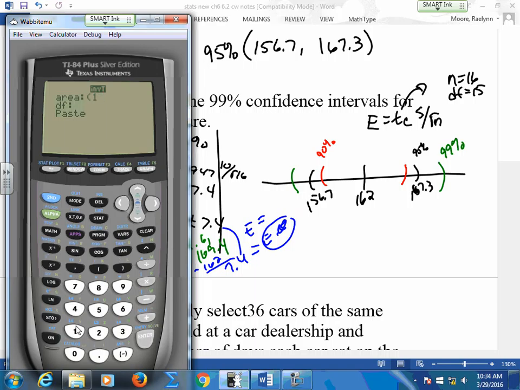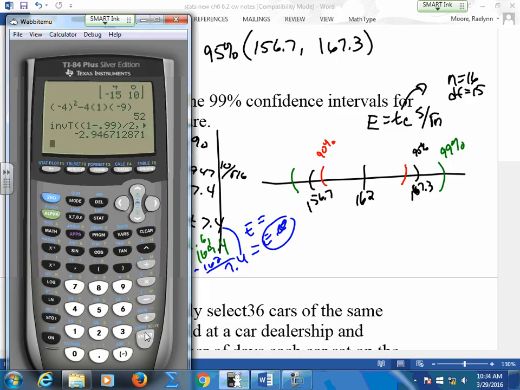It's the same as the other one. I like the table better for this guy. I think it's less work on the table. And our degrees of freedom was what? What was our sample? Okay. So this should give us our, it's the same as your inverse norm. And you just have to turn it into a positive.